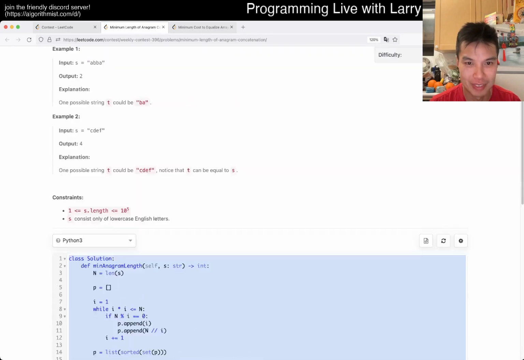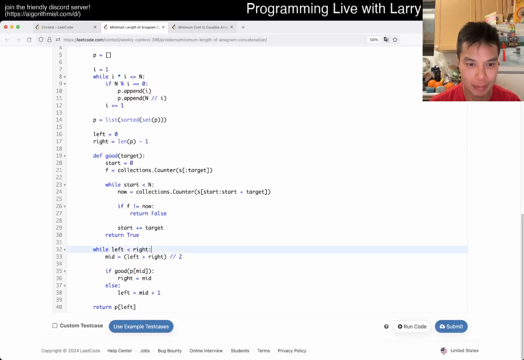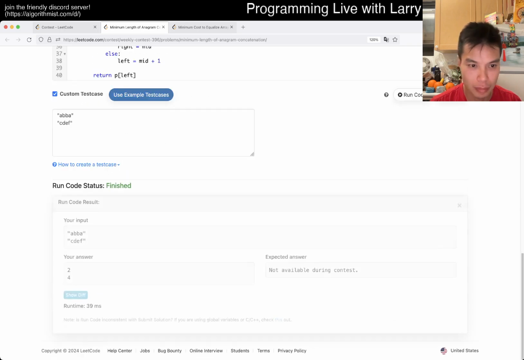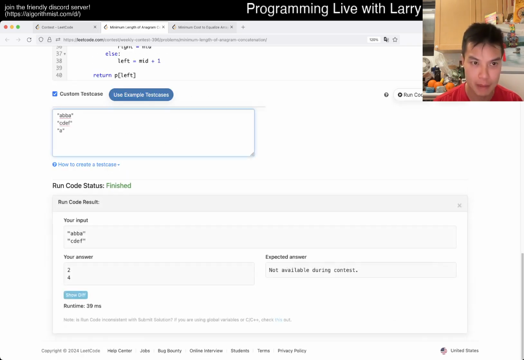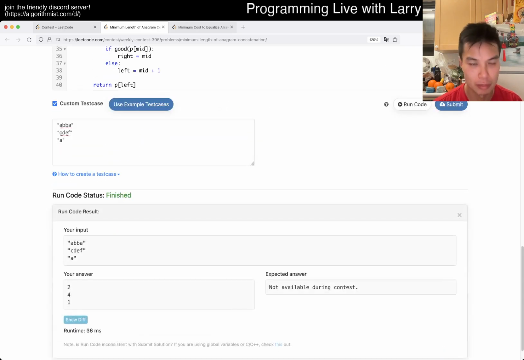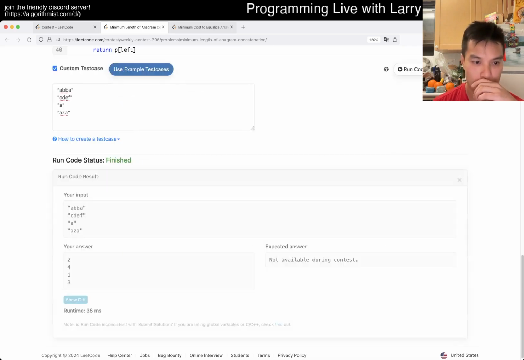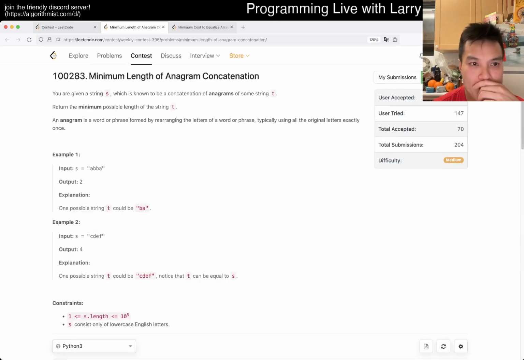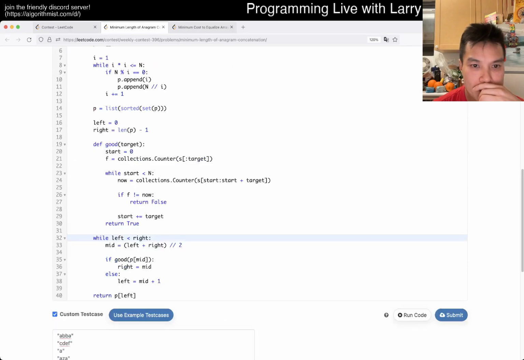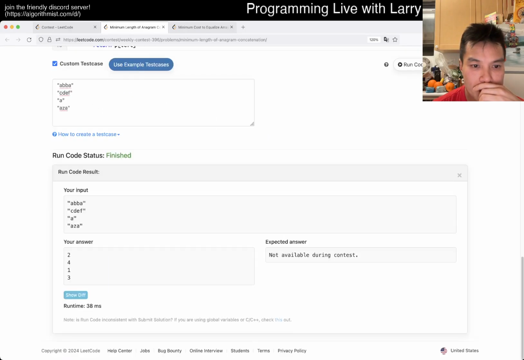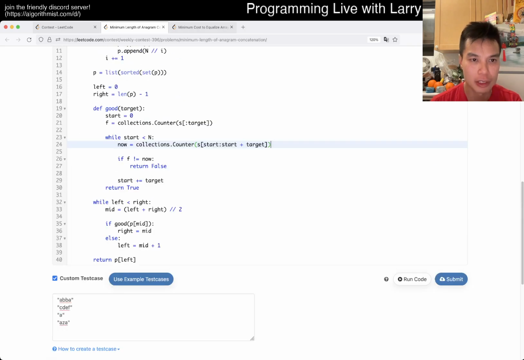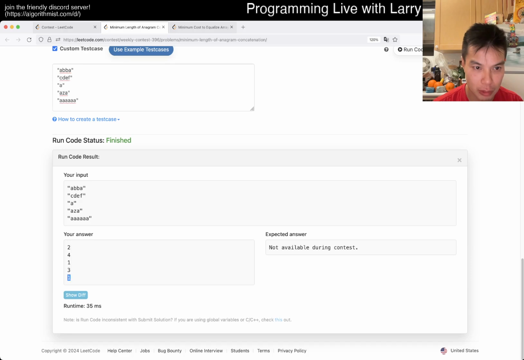That's not good. Am I misunderstanding this problem? It's just a prefix, right? One works. Well, does it though? One does work.